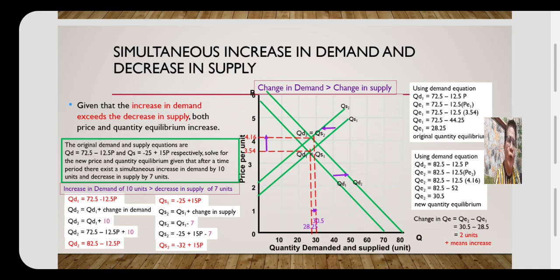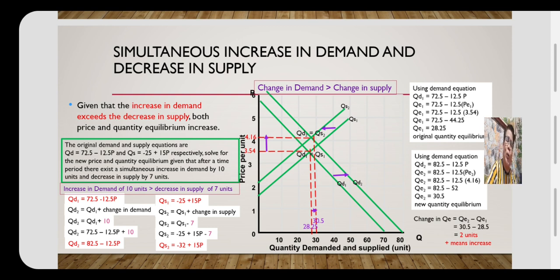We already have so far computed the original quantity equilibrium in the last slides, because we are dealing with the same equations of original demand and original supply. So we will also have the same original quantity equilibrium as what was previously computed in the earlier slide. So our problem now is to solve for the new quantity equilibrium.